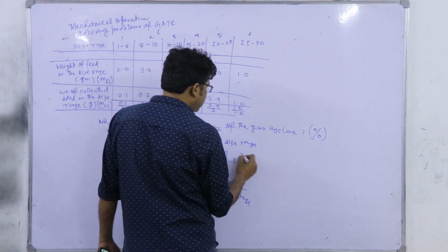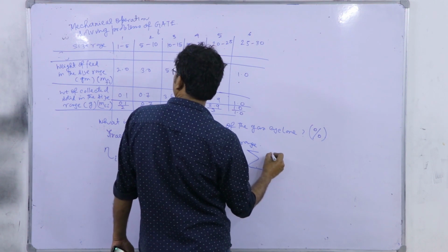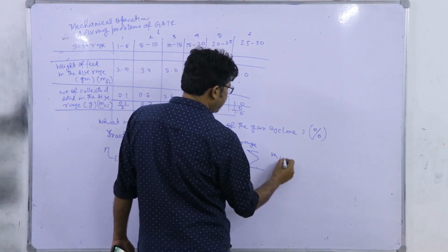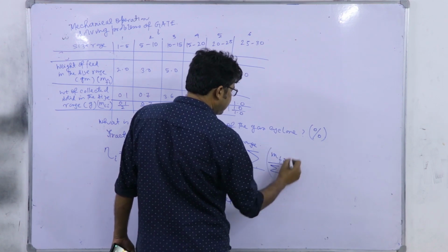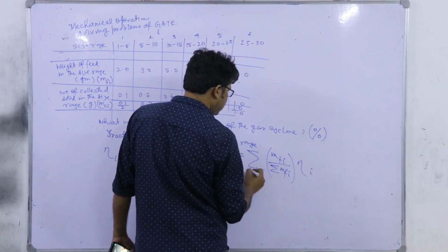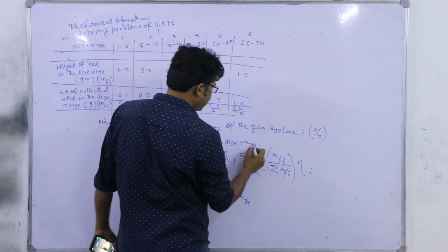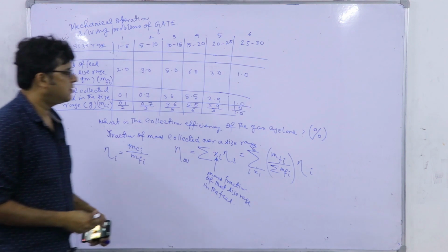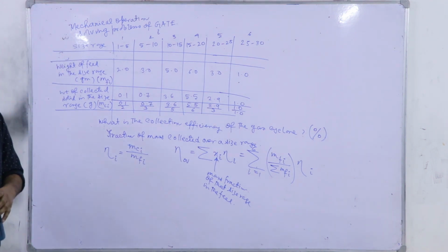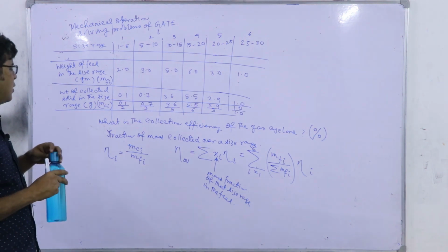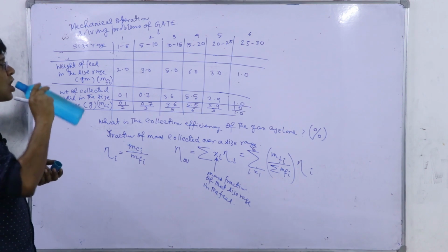So, it is MFI divided by summation of MFI, into eta I, with I equal to 1 to 6. So, that will be my answer. It is basically a problem of averaging, but we must know the collection efficiency formula for the cyclone.